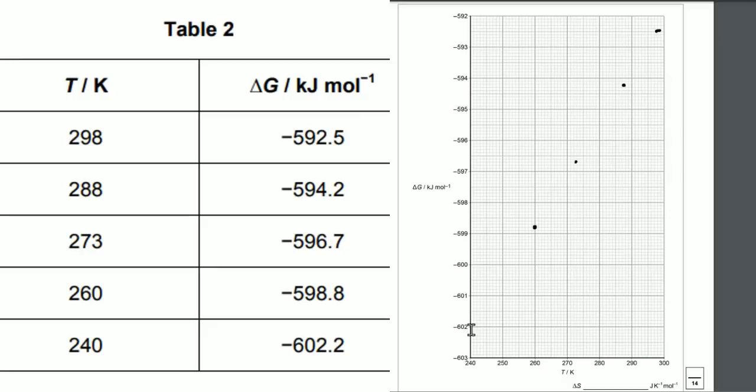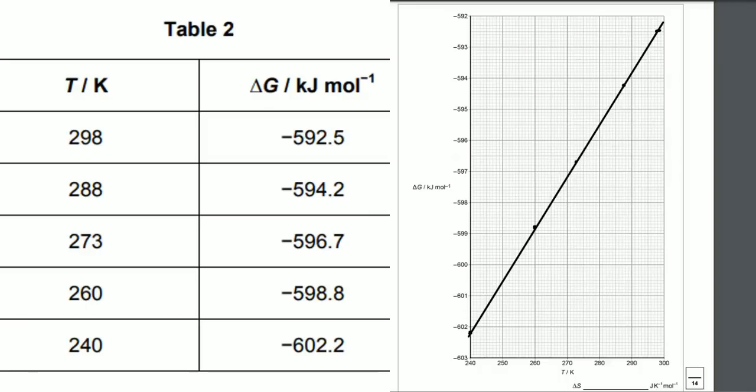And then up to minus 598.8. And then for the final one, we're at 240, which is right at the start of the x-axis. And we can go up to minus 602, and then draw a line of best fit. It should go through all the points on this one, your line of best fit, no curves, no kinks. So if you get all the points correct and you get your line of best fit correct, you'll get 2 marks.